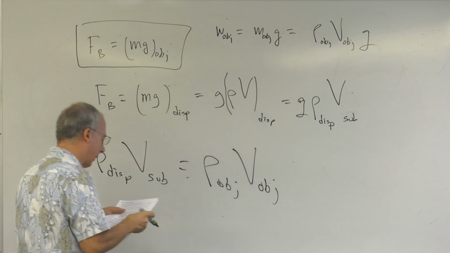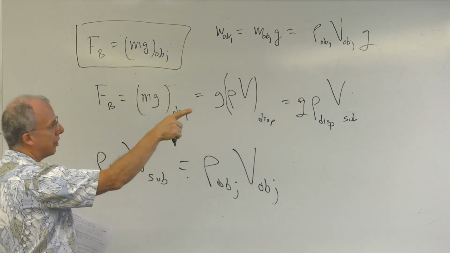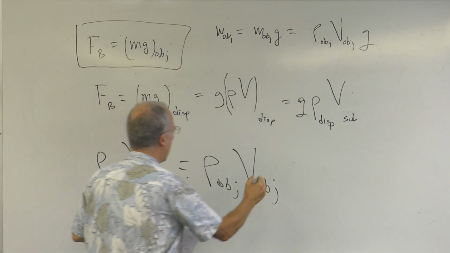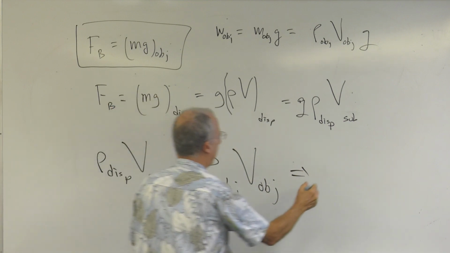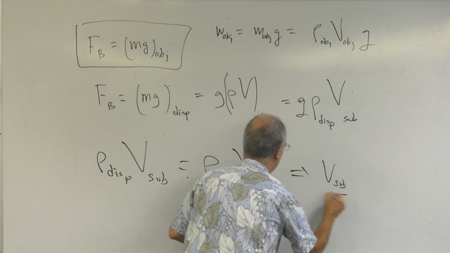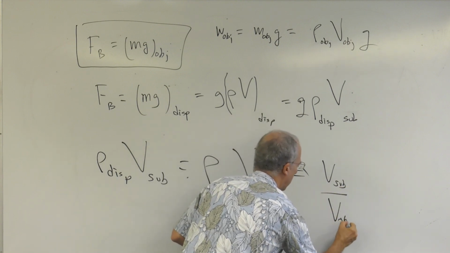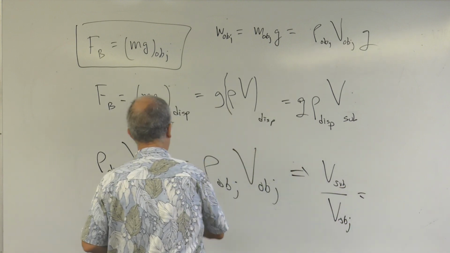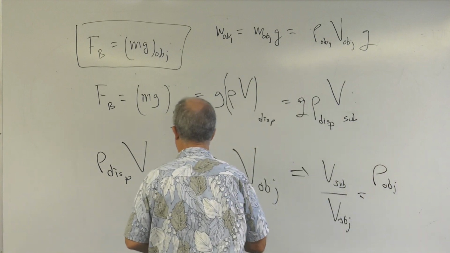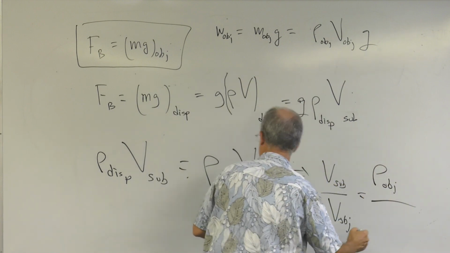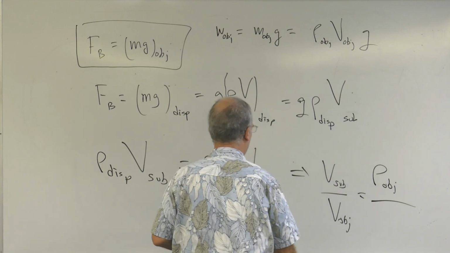That is totally correct. Now we want to get the fraction of the sphere's volume, so just do a little division. Volume submerged divided by volume object equals rho object over rho displaced.